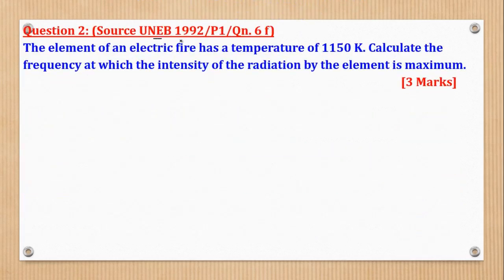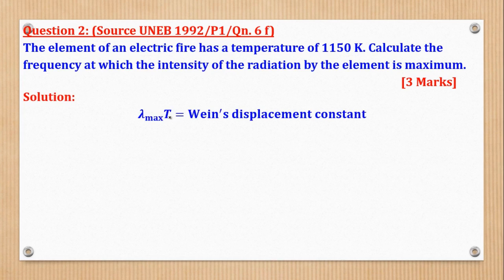Then question 2 came from UNEB 1992 paper 1 question 6F, and it says the element of an electric fire has a temperature of this. Calculate the frequency at which the intensity of the radiation by the element is maximum. So you know this from Wein's law. Come and substitute and get lambda max.